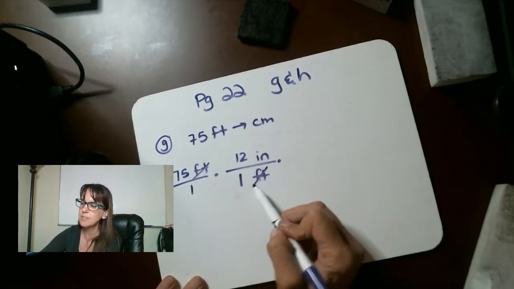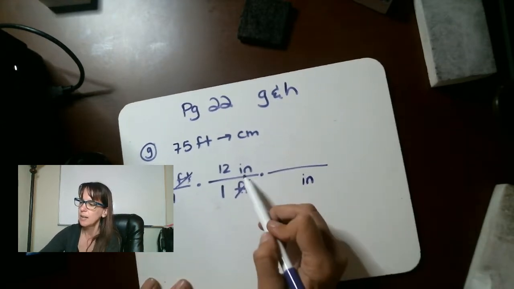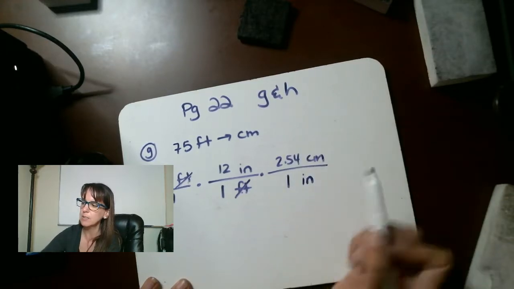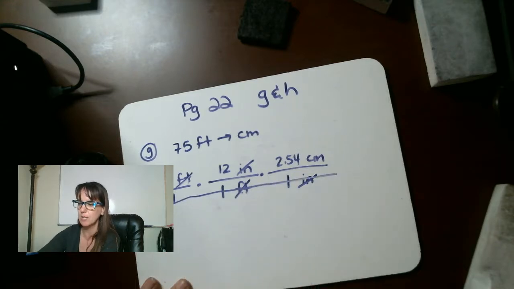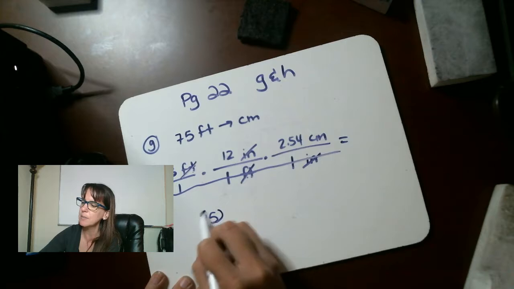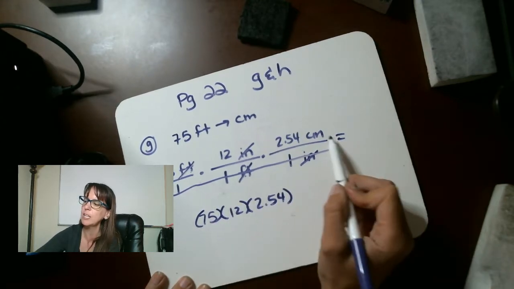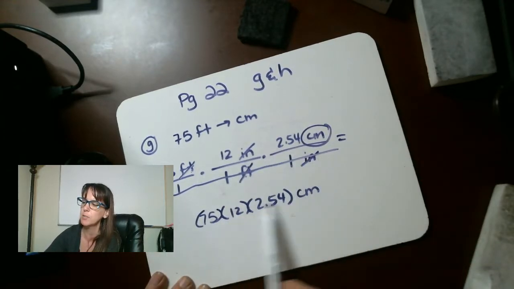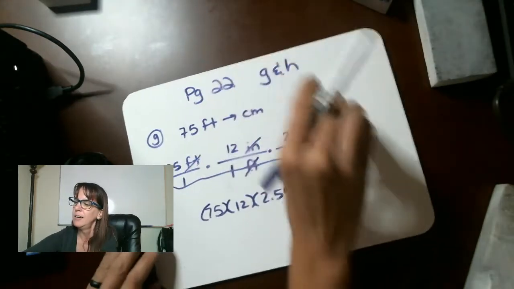So these guys cancel, but I'm not done yet because I need to get rid of those inches. So in 1 inch, there are 2.54 centimeters. So now I can get rid of those inches. On the bottom, I have all ones, so that's awesome. So now all of this equals 75 times 12 times 2.54, and the unit that we have left is centimeters. All of that was on the top, so I multiply it like that, straight across. That's G.